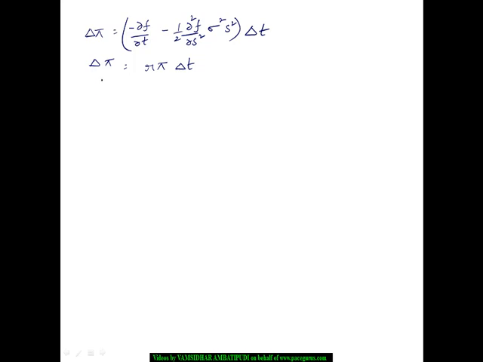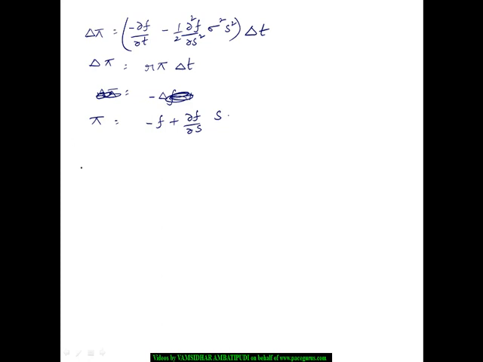This is one more I have got. And we have already got the value of pi, which is minus f plus dou f by dou s times s.